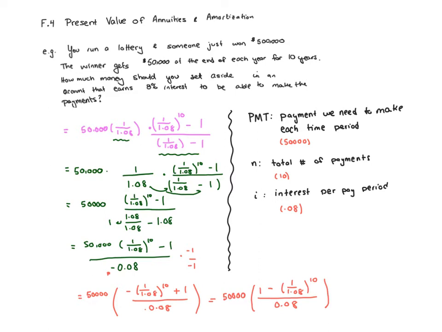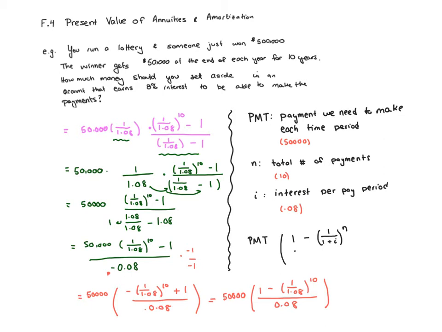And then how did we put all those together into the formula? Well, we ended up with our payment times 1 minus, here that 1.08 is that 1 plus I. So let's write that as we did here in the denominator. So we have 1 over 1 plus I. That's being raised to the n power.